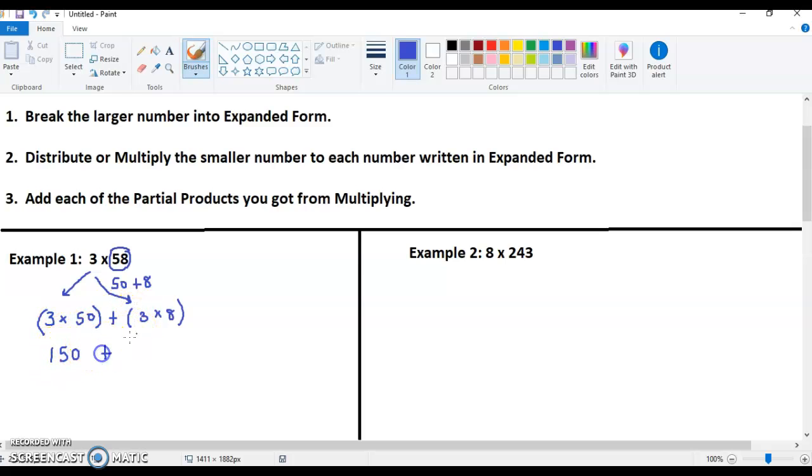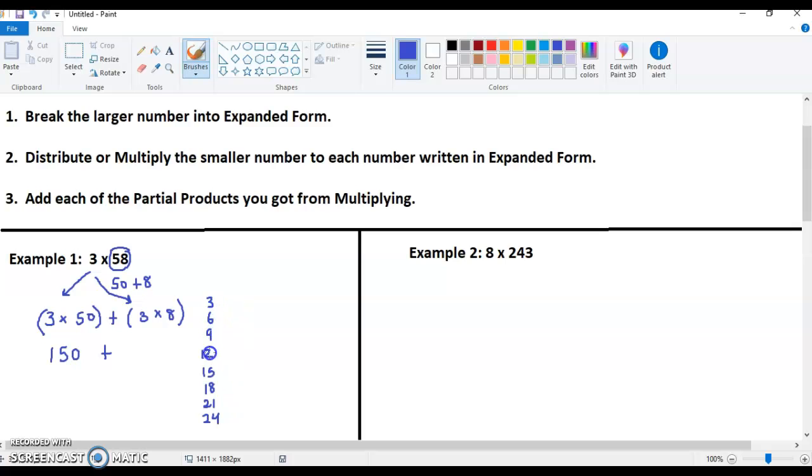And then over here, we're going to add the product 3 times 8. Well, if you don't know 3 times 8, you can count by the number 3 eight times, or the number 8 three times, because multiplication is commutative. So we go 3, 6, 9, 12, 15, 18, 21, and 24.